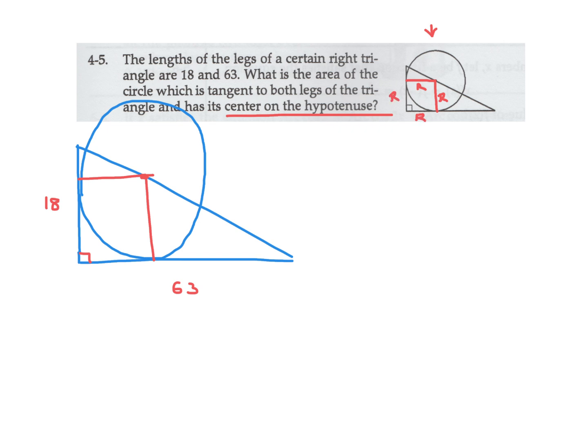So since the whole side was 63, this is going to be 63 minus r, and this little guy up there would be 18 minus r.